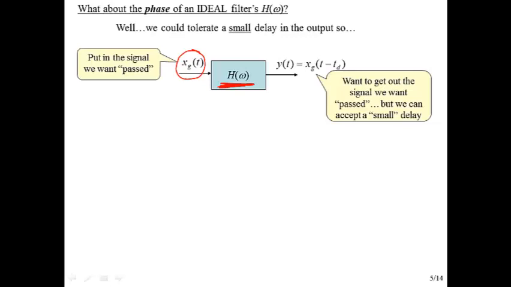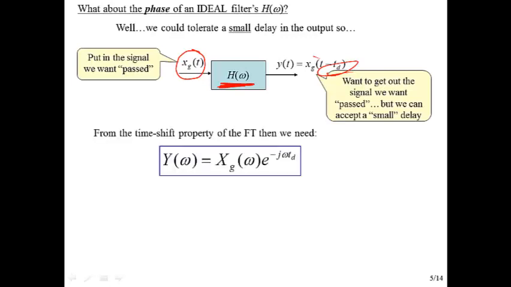And so the thing that comes out, you might think, would be X sub G, but we're allowing it to have some amount of delay. The amount of delay that we're allowing is this T sub D. So that's what we are saying our ideal filter should be able to provide.